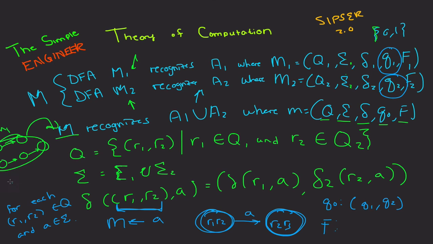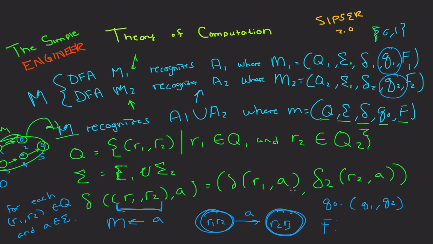So if we had a DFA, say in this example, this was accepting and then these two were accepting, and this was 1, 2, 3, 4, 5, then the final states would basically be anything that contains state 2, 4, or 5. So that's what you want to think. It's the set of pairs in which either member in the pair was accepting by M1 or M2. That's how you want to think of that.